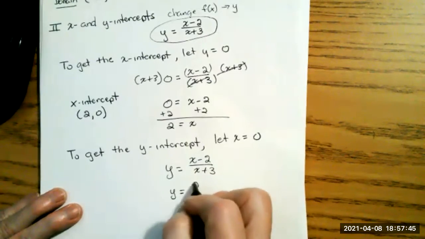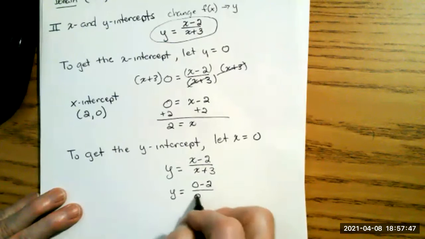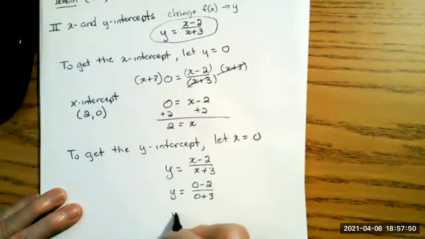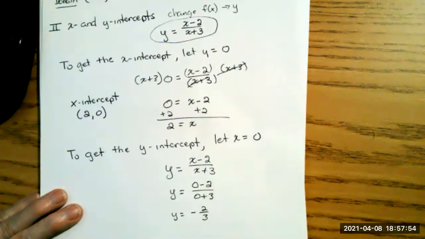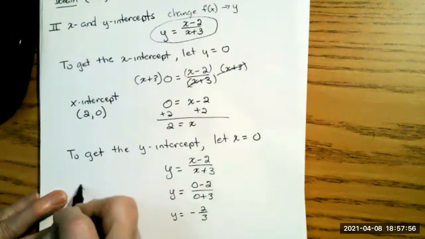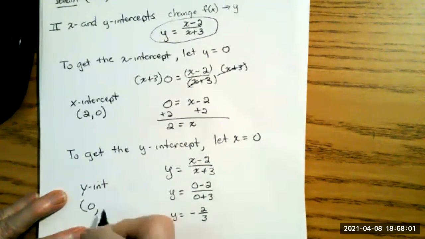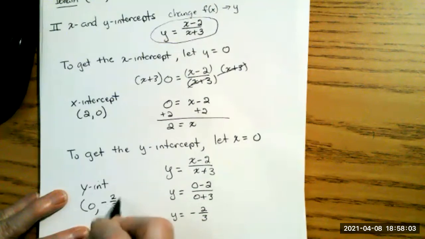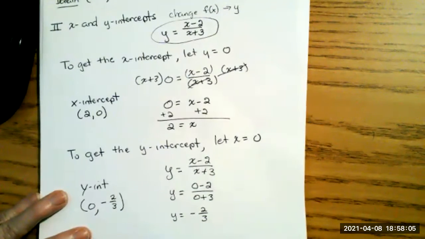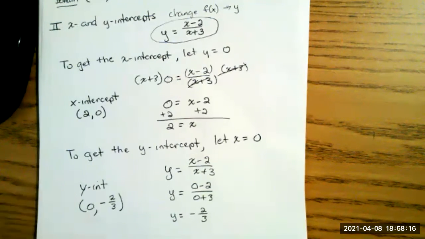So y is 0 minus 2 over 0 plus 3. So y looks like negative 2/3. So my y-intercept is (0, -2/3). Any question about that? I'm still writing it down. Okay.